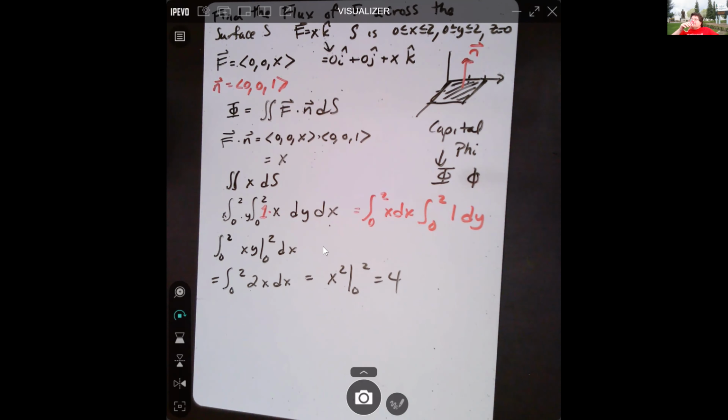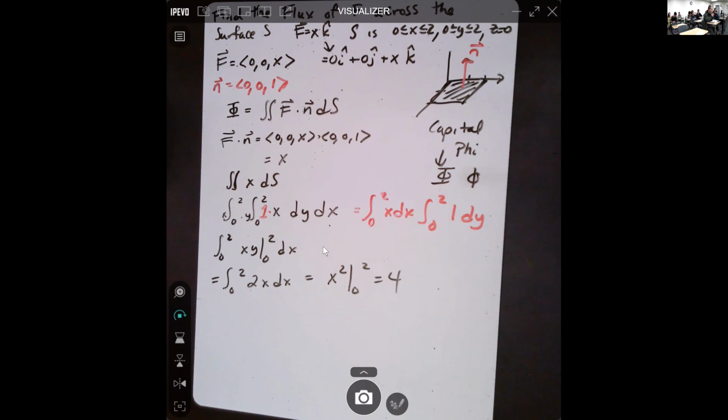Water's going through that surface at a rate of 4. Just 4. That's all you have to tell the building manager.